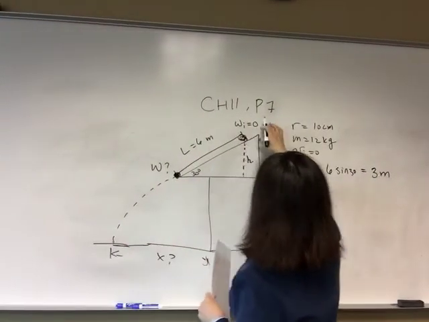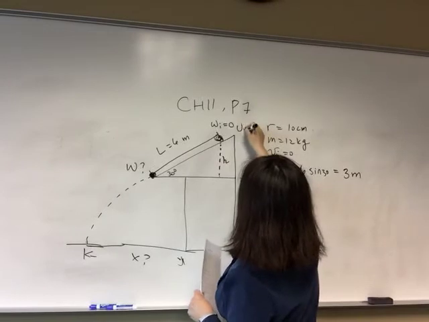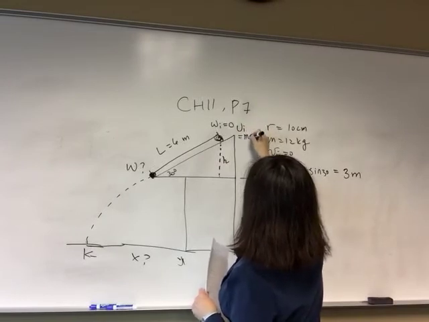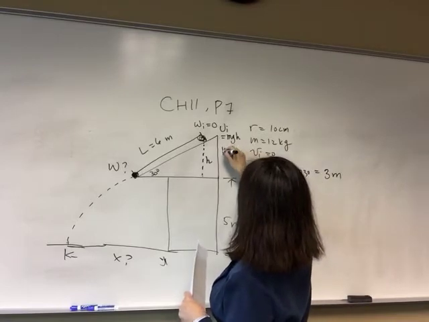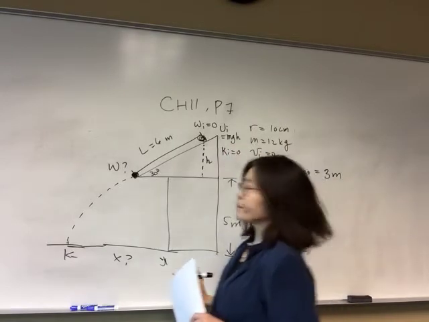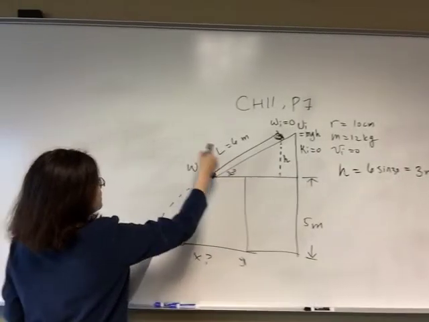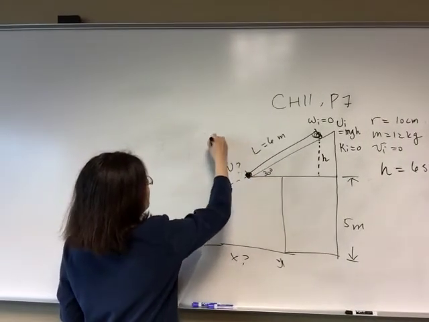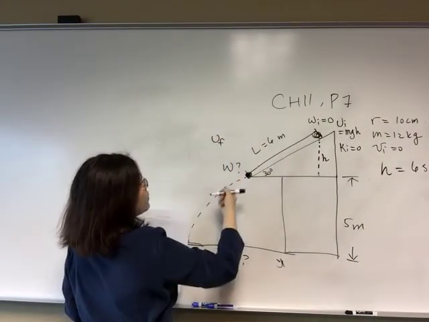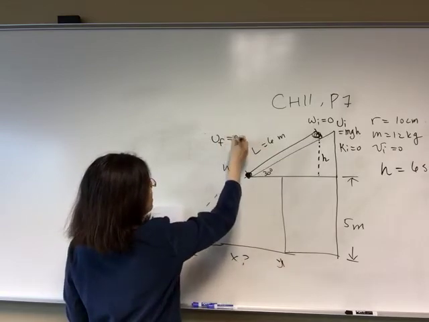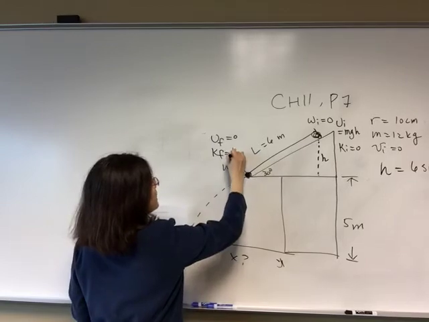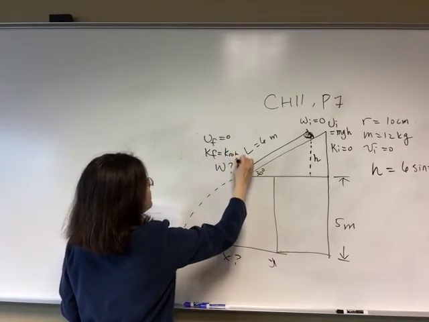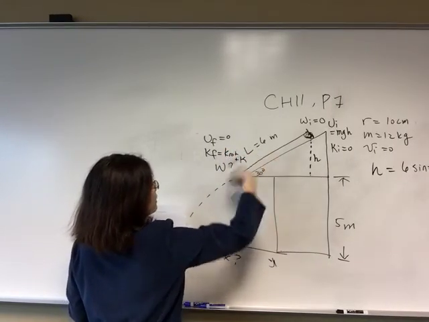So let's see. If we define this, initially we have mgh because of this height, and the kinetic energy, of course, is 0. Now at this point, the final gravitational potential energy is 0. The kinetic energy has two forms, one is rotation and one is the linear motion.